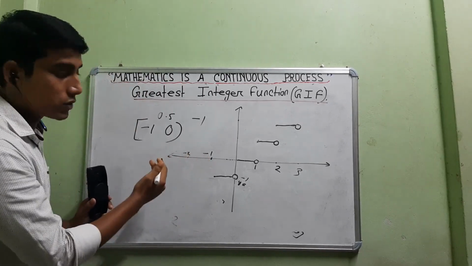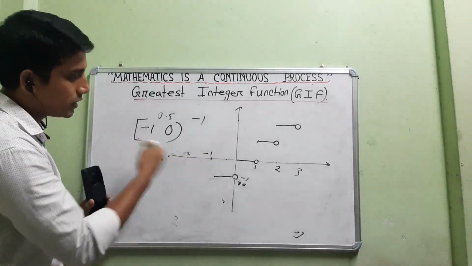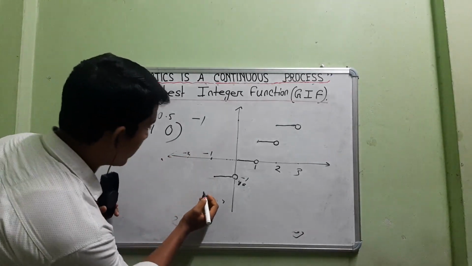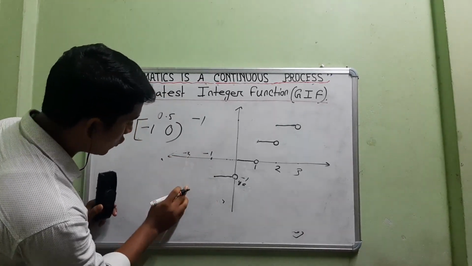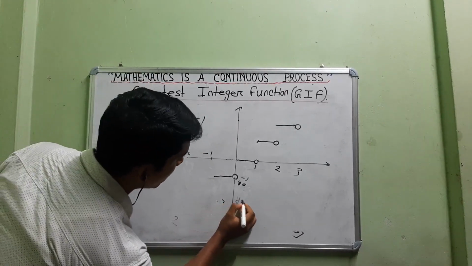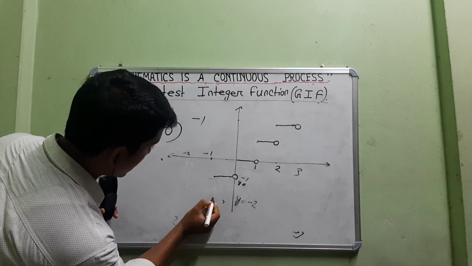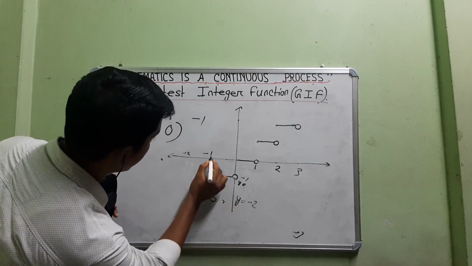So this is, suppose, minus 2. At the point minus 2, obviously it will give you minus 2, and at all the values less than minus 1, so it will be on this side, minus 1.5 suppose. So at minus 1 there will be open, because all of these give you minus 2. This is y equal to minus 2. So here there will be an open circle at x equal to minus 1.